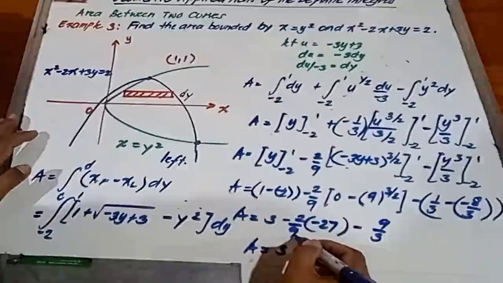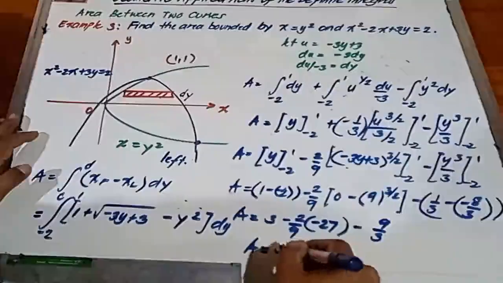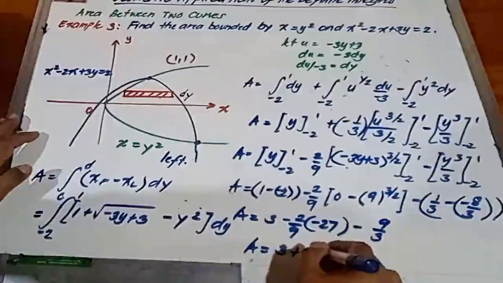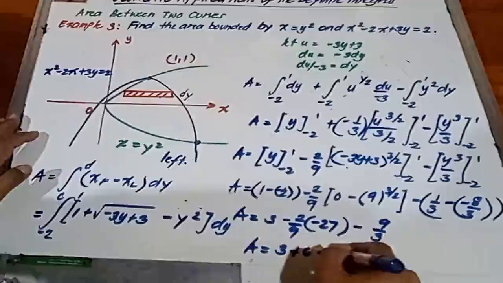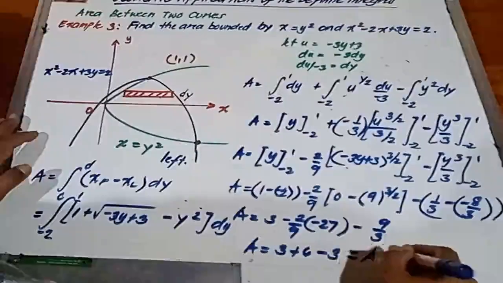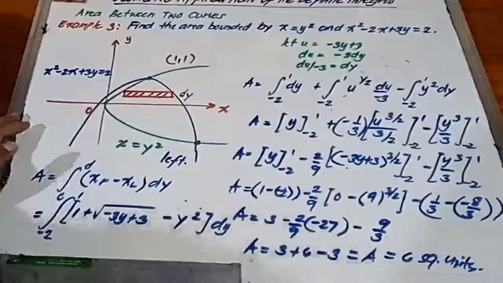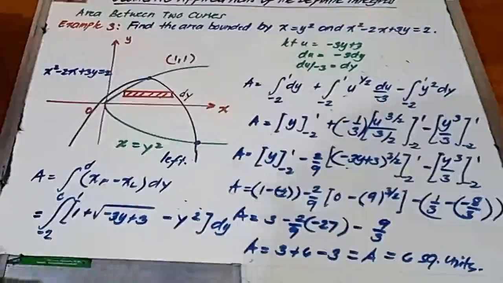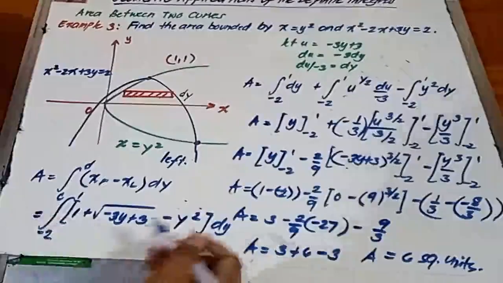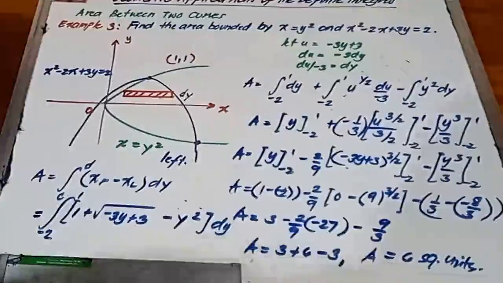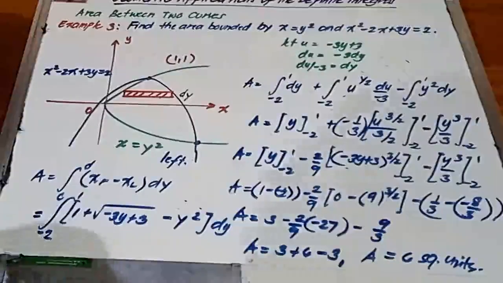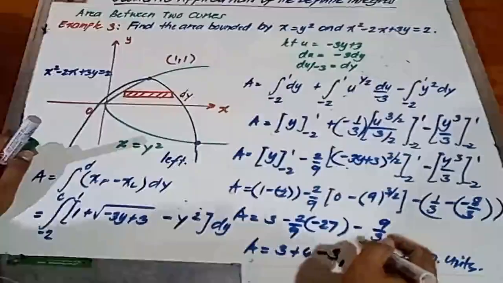Negative 27 divided by 9 is negative 3 times negative 2 is positive 6, minus 3. Okay. Sagot natin ay A, 6 square units. Okay. So, ibig sabihin, ang sagot natin sa area bounded by these curves is A equals 6 square units.